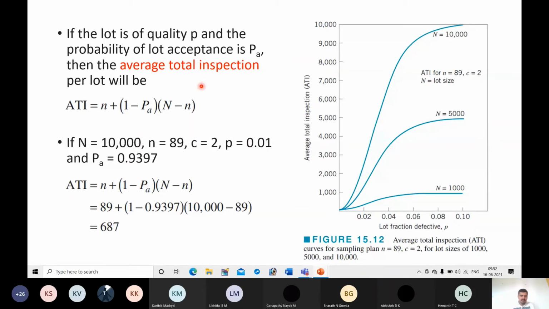That means for this case, out of 10,000 units, how many units are subjected to inspection? It includes the initial sample picked by random sampling and subjected to evaluation, and also the units subjected to rectifying inspection. It includes both. Then the average total inspection is given by this, 687 units.